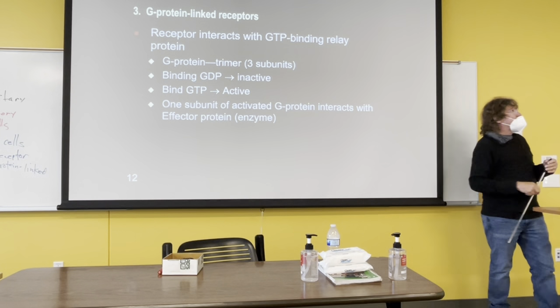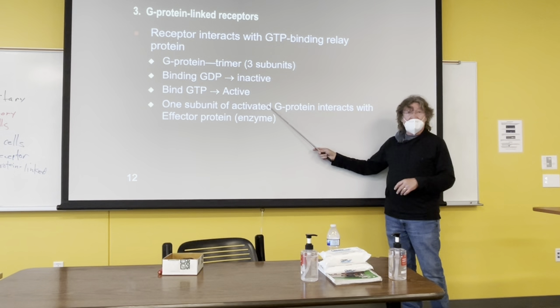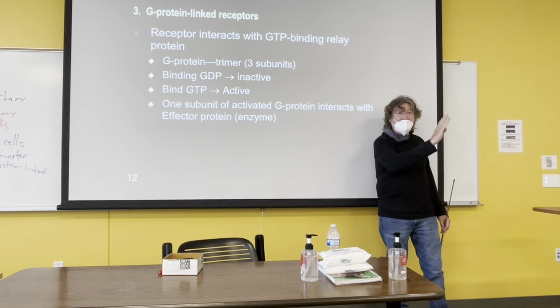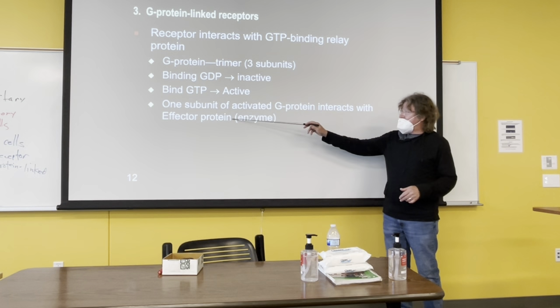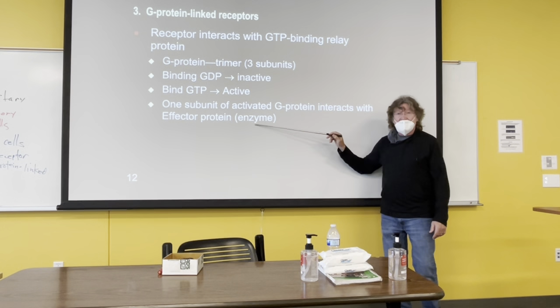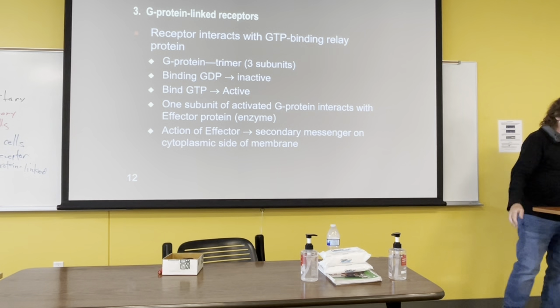And one of the subunits of the G protein then will dissociate and translocate along the inner face of the plasma membrane until it runs into a binding site on an effector protein. This is the enzyme. And there are different effector proteins.